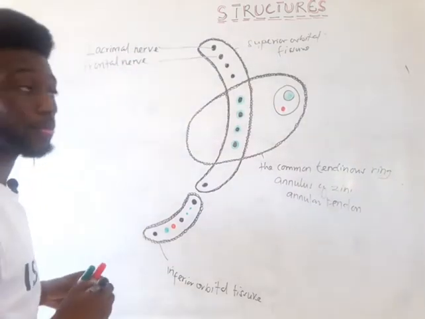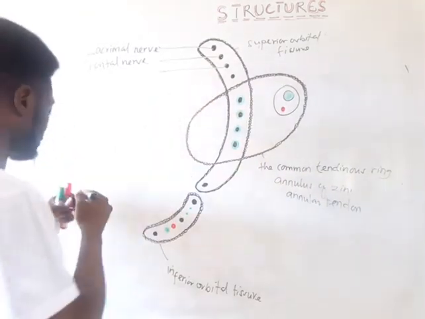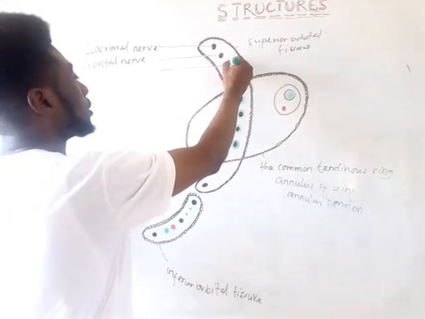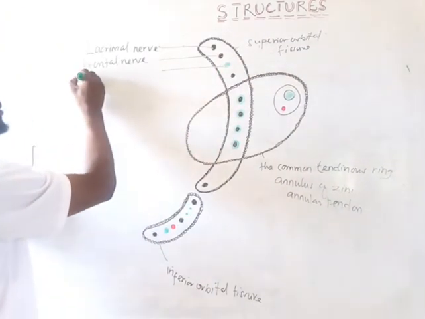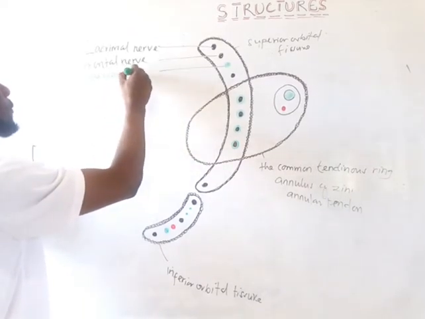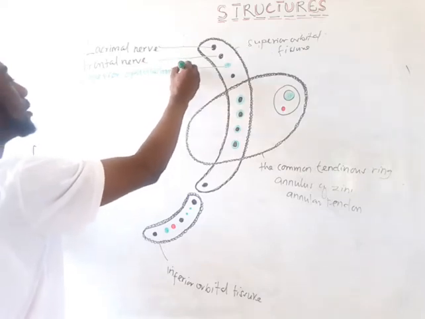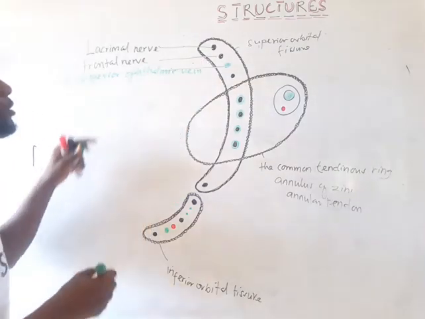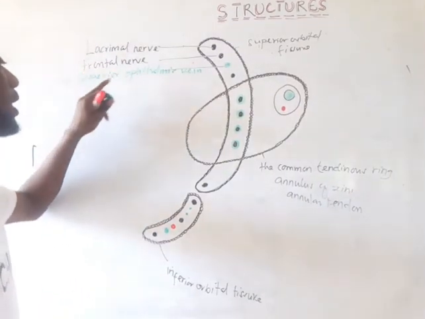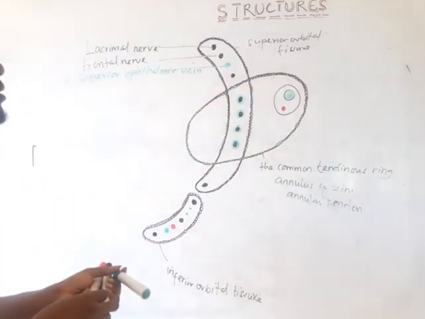The third structure is the superior ophthalmic vein. So we have the lacrimal nerve, the frontal nerve, and the superior ophthalmic vein.